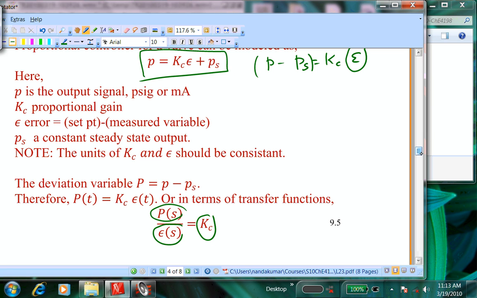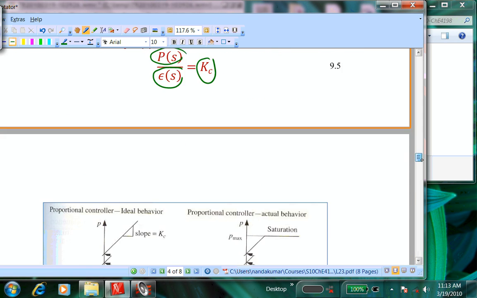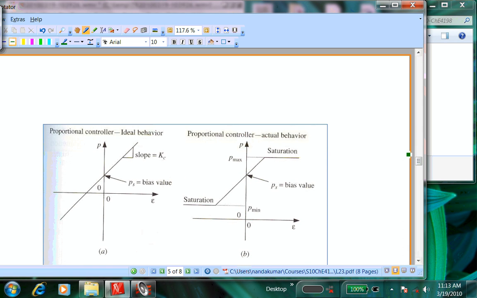Now, is that true? In practice, can I have an error signal coming to the valve and adjust the pressure indefinitely? Because what this is saying is that the pressure change is proportional to the error, and the proportionality constant is the controller gain. But if I represent this graphically, it looks like this.